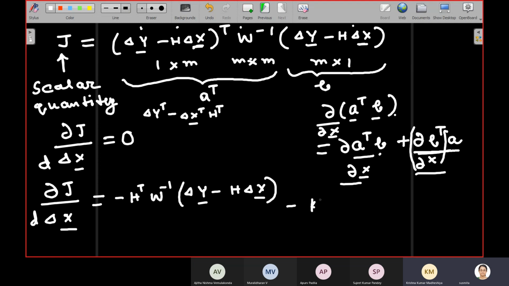H transpose. How about A? What is A? So for the derivative part you are getting H transpose because you need to transpose this one, right? The second term you need to transpose this, and again you have delta y transpose, delta x transpose, h transpose. So you just take h transpose because you are taking derivative with respect to delta x. How about A? What is A? Tell me what is A?